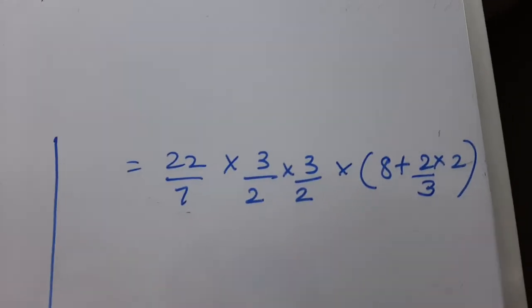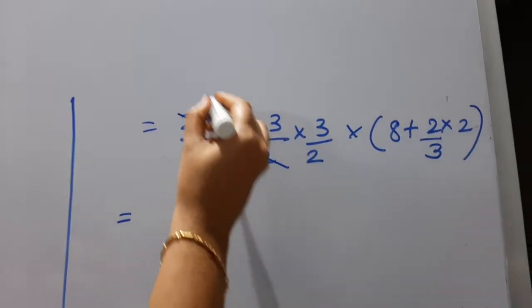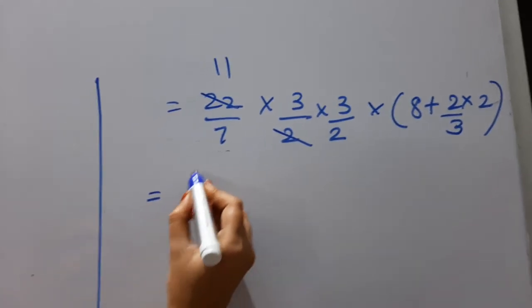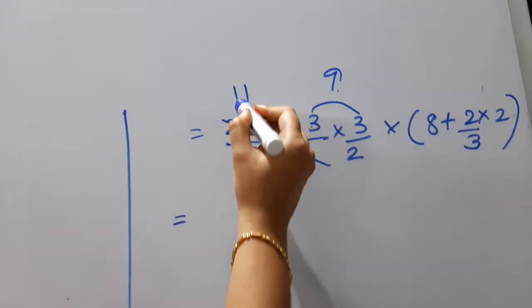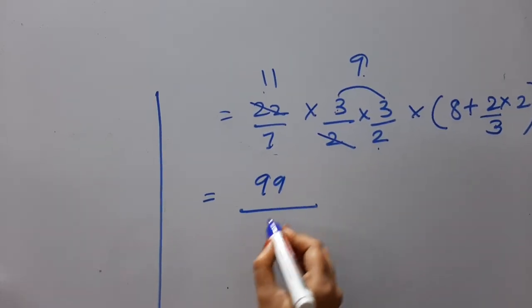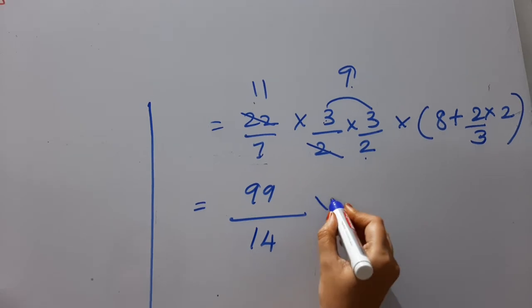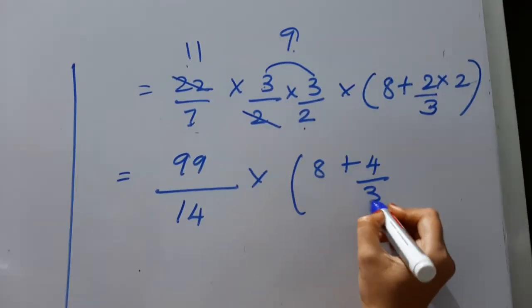Now when I am solving this, 2 and 22 I will cancel. I will get 11 into 3 into 3. 3 into 3 is 9. 9 into 11 is 99. 7 into 2 is 14 into, here I have 8 plus 4 by 3.